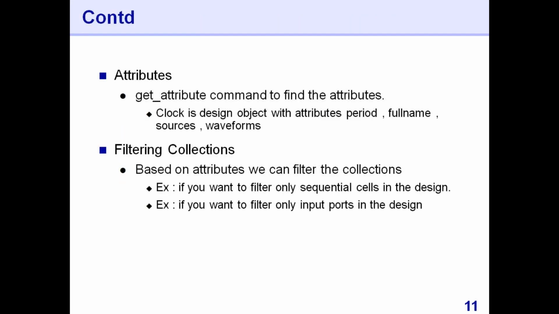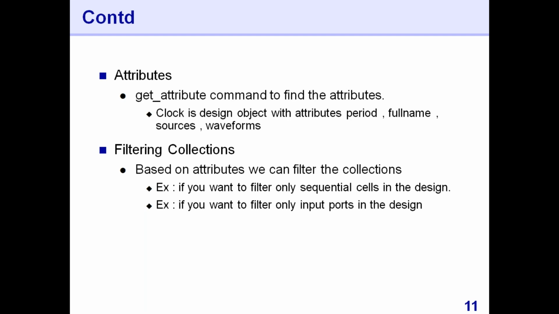Coming to the attributes, I have already explained. We will use the get_attribute command to find the attributes of any design object. A clock is basically a design object, and it will have a lot of attributes like period, full name, sources, waveform. For example, let us consider you want to find the attribute period of a specific clock.